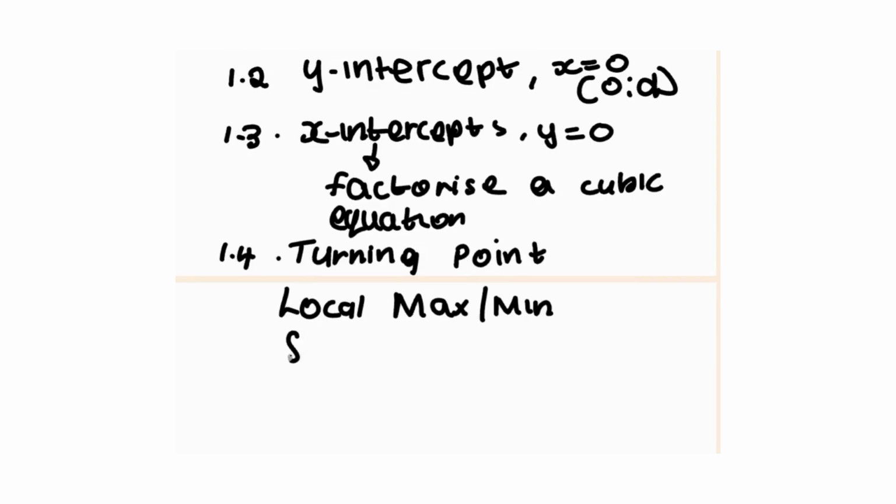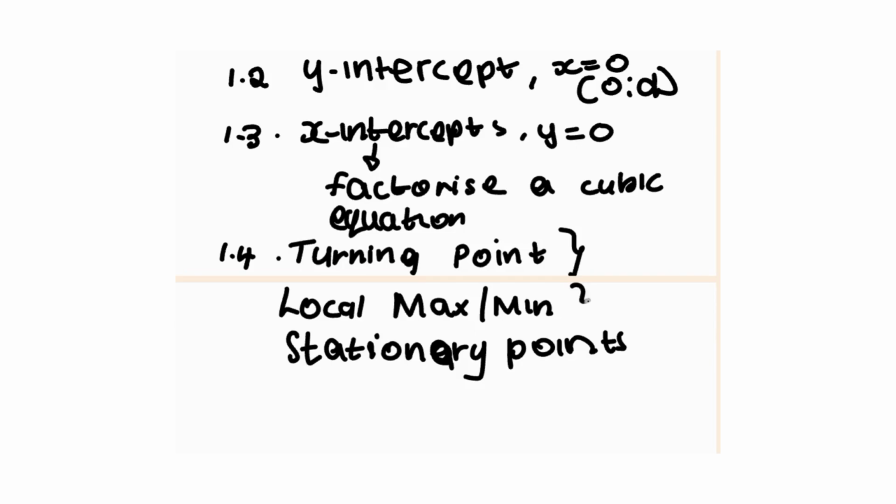Or if they say calculate stationary points, stationary points also mean the turning points. So that and that and that, it's the same thing. You don't have to worry. If they say calculate stationary points, you're going to do the turning point. If they say calculate local minimum and local maximum, you're going to do the turning point.